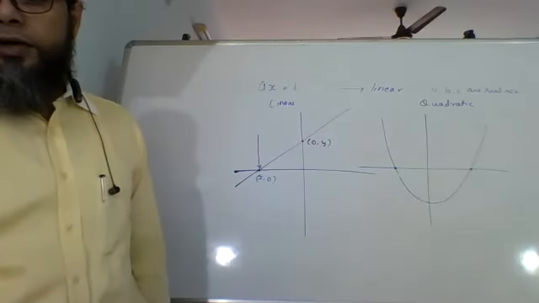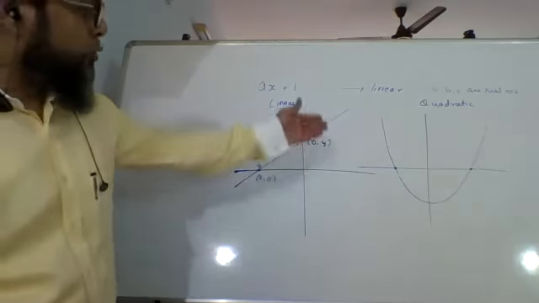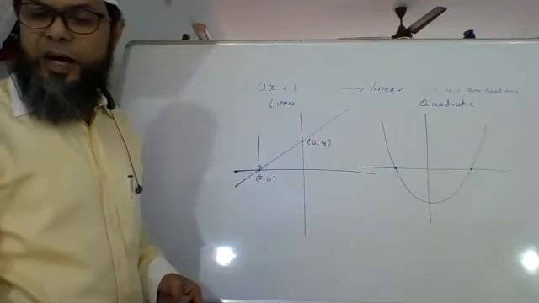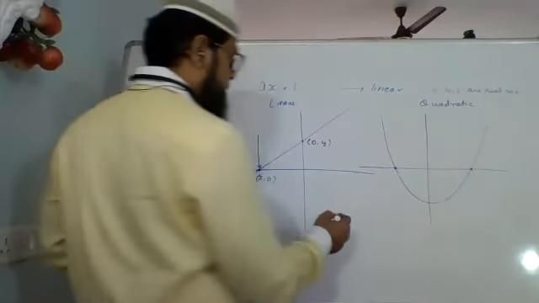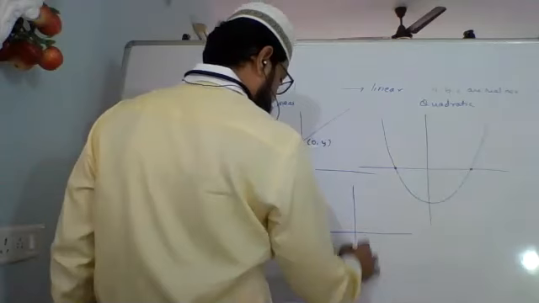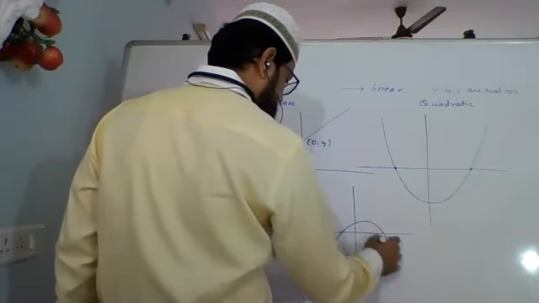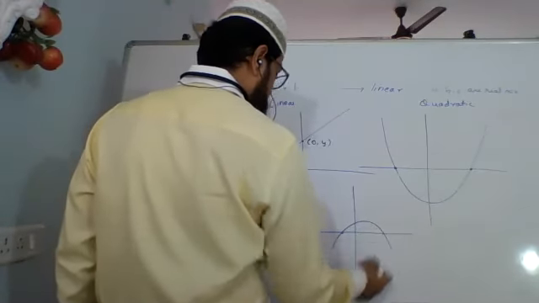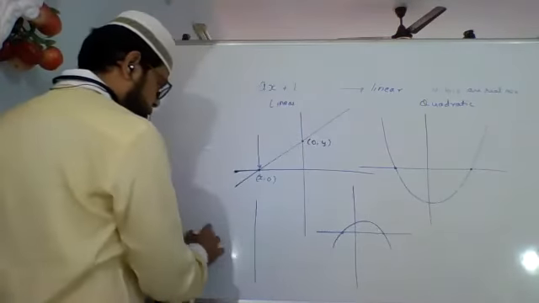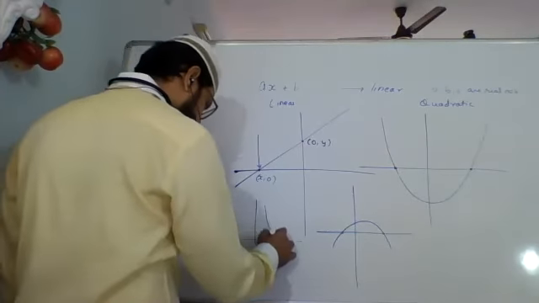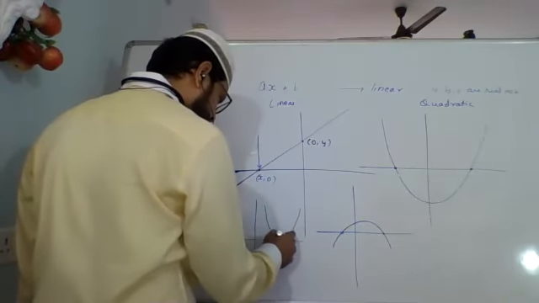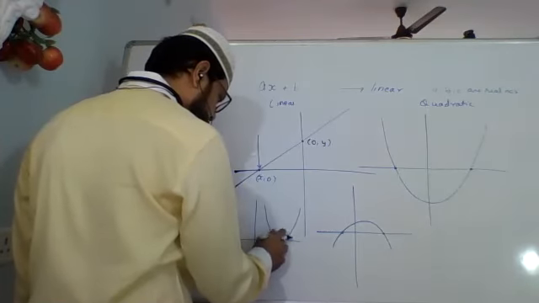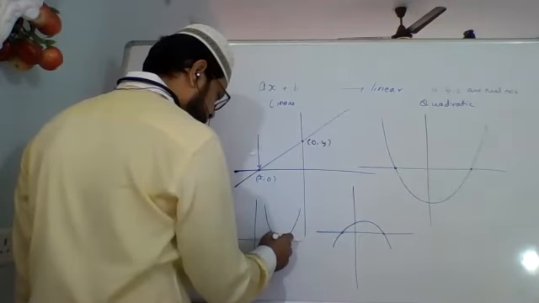Now does that mean that the parabola is always like this? Not necessarily. The parabola can be of different shapes. It could be like this, but basically it is cutting in two places. Sometimes you will come across a parabola that just touches the x-axis. Where it is just touching the x-axis, both the values are the same.